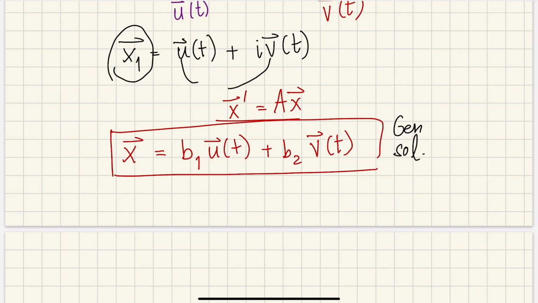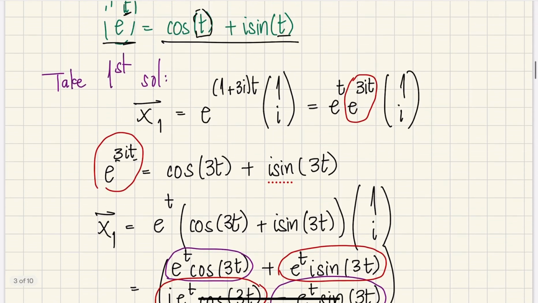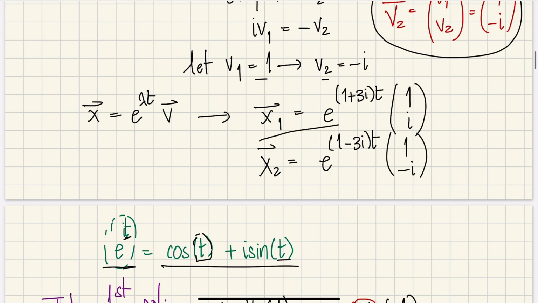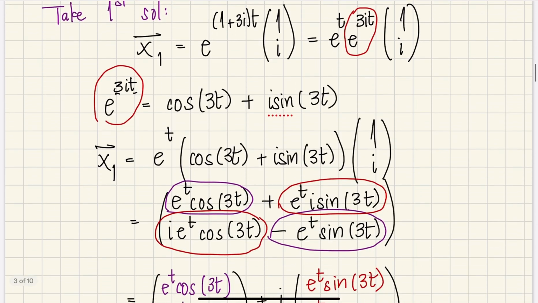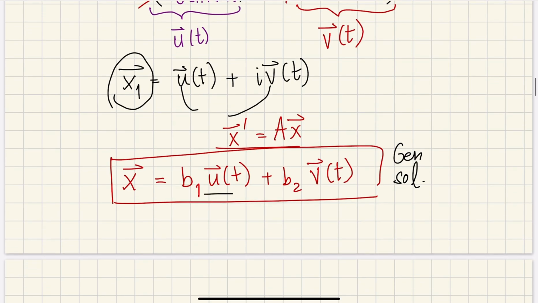So if you do a similar operation on x2, the second solution, you will get the same u and v, and that's all we need for our solution over here. So using x1 or x2, the first or the second solution, is not of much importance. Either is okay.